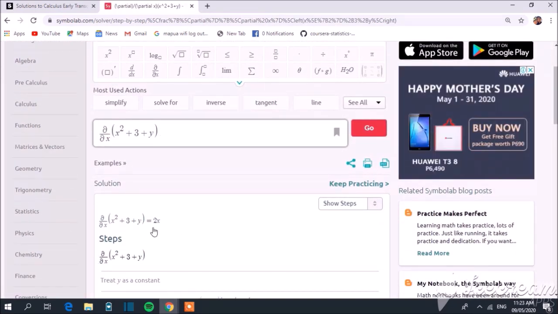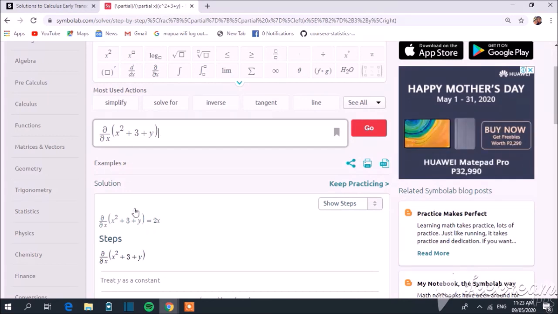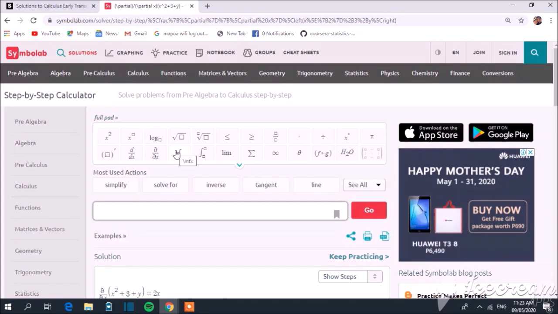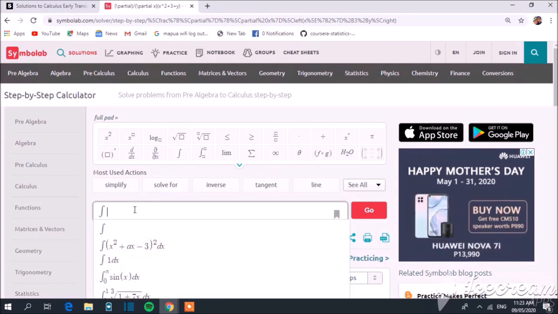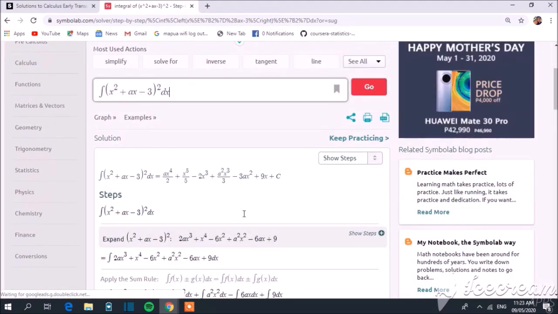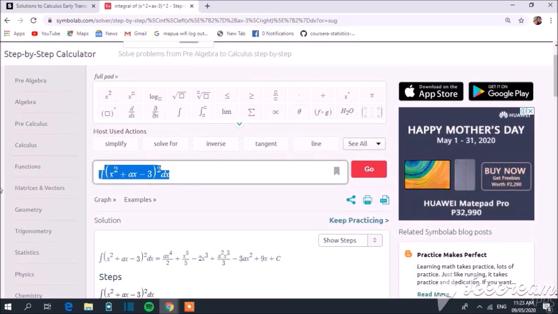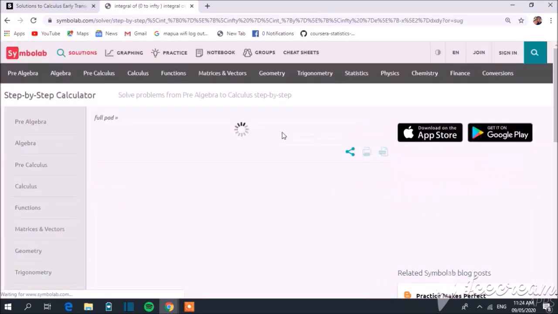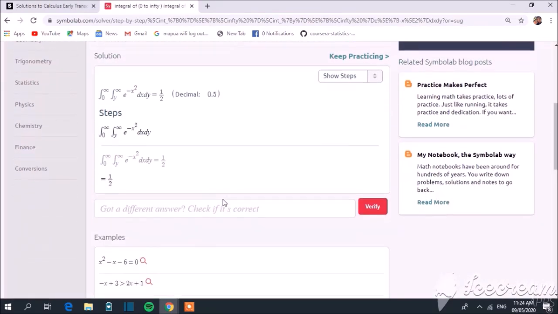It treats y as a constant and just derives that. And I love it because you can also do an integral. This is an indefinite integral. We can even do definite integrals. It solves it for you.